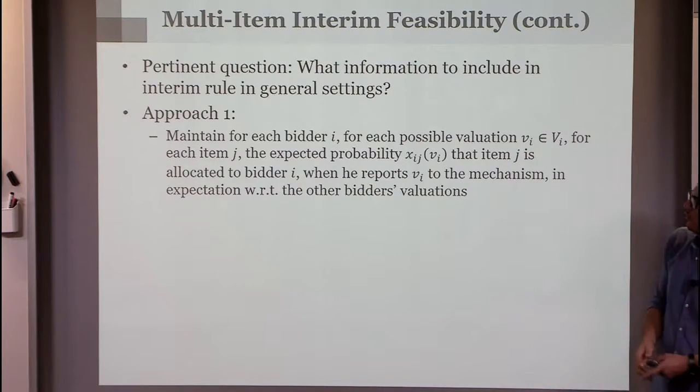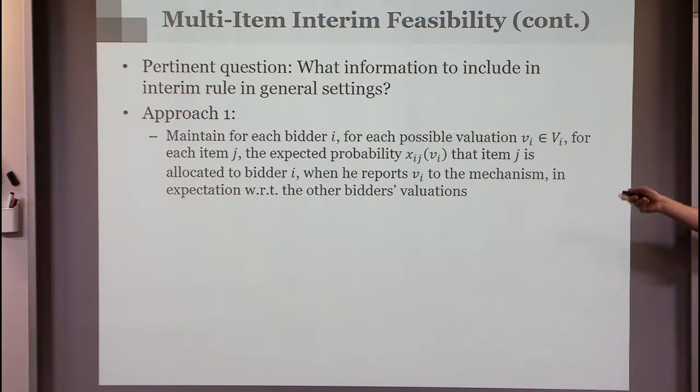For every bidder i, now that we're in a multi-item world, for every possible valuation function for that bidder, and for every item j, you can maintain in your interim rule the probability that item j is given to bidder i when he reports this valuation function. This is the immediate generalization of the single item interim rule I was talking about.